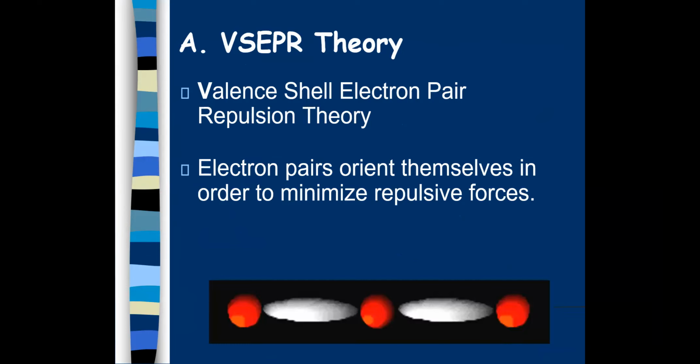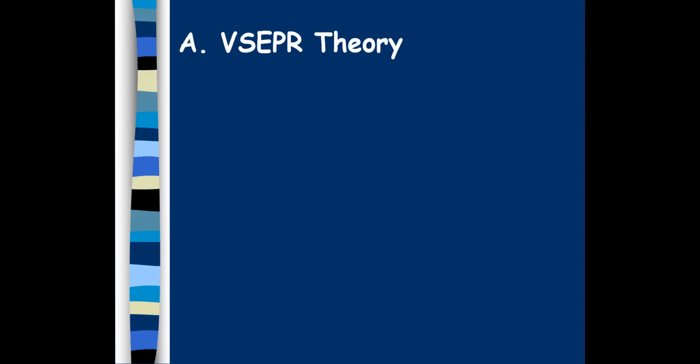So to do that, they want to get as far away from each other as possible. And as far as possible depends on how many things are around the central atom. So in this case, you only had 2 atoms, so they're going to opt for 180 degrees.